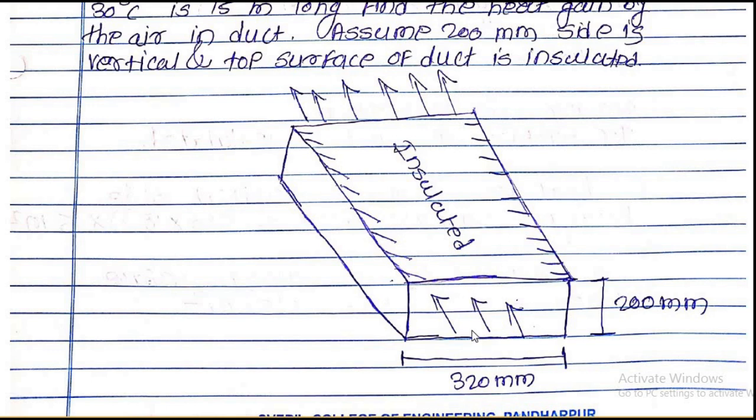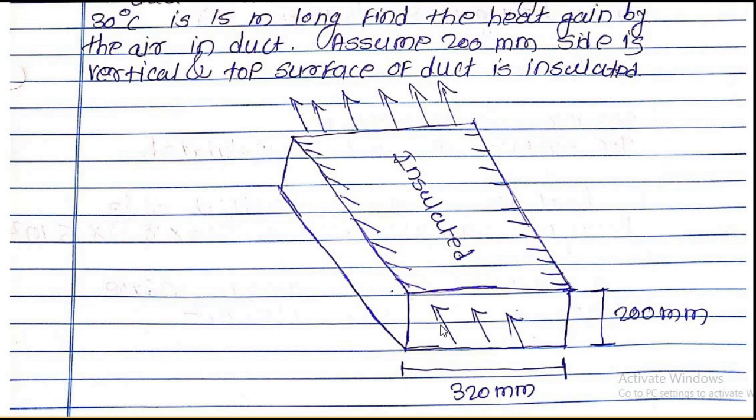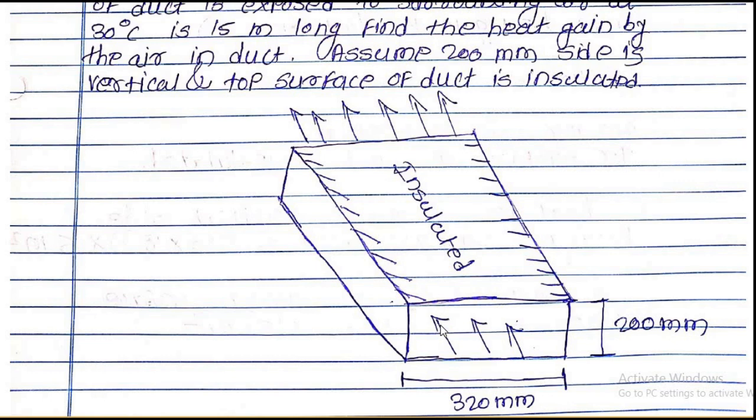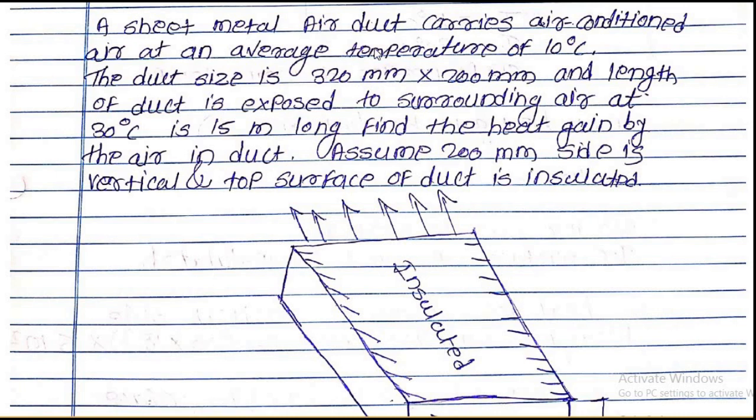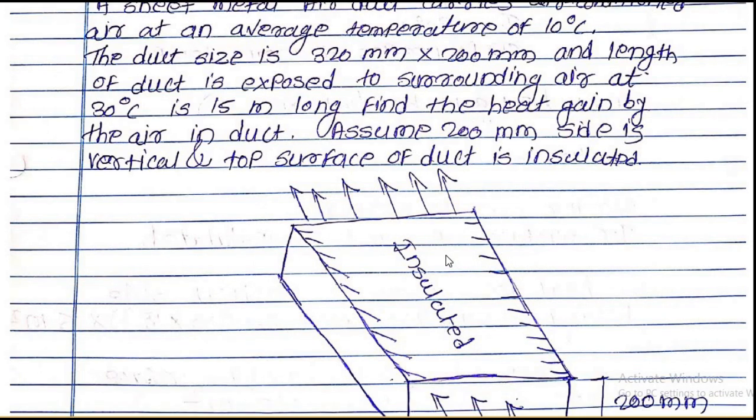Now from one side of the duct the air is flowing in, and from the other side it is coming out. We have to determine the heat gain by the air, because the air is flowing through that duct at 10 degrees Celsius. It is also provided that the top surface of the duct is insulated, that is, the top surface will not transfer any heat by convection to the surrounding.